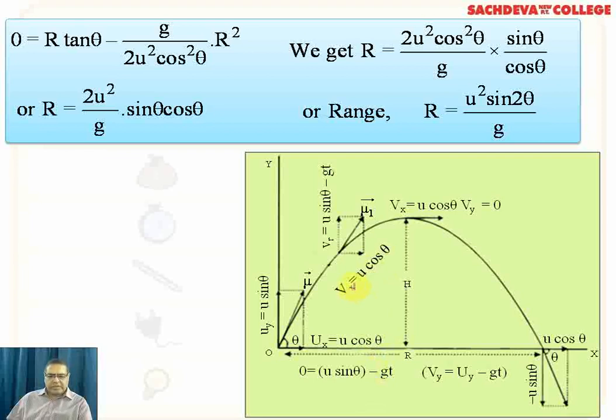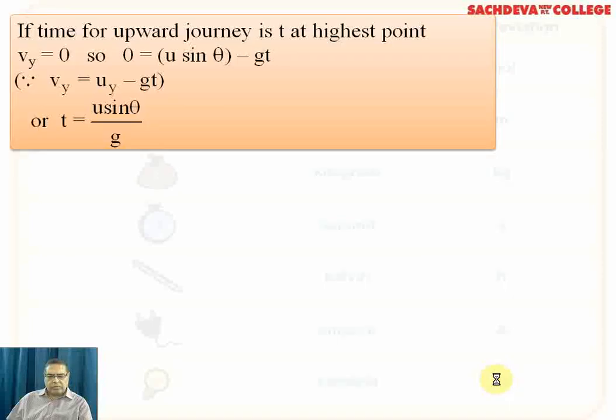Now, the body is coming down, and we find that the distance from O on the x-axis is represented by r, that is called range. Vy can be taken as uy minus gt. G is taken negative when the body is going up and finally coming down.